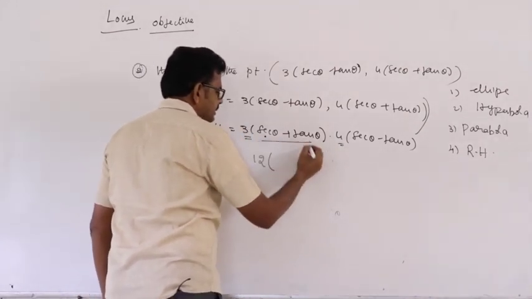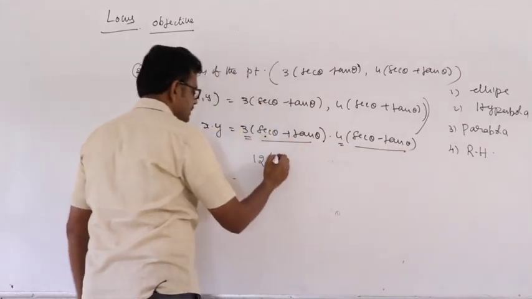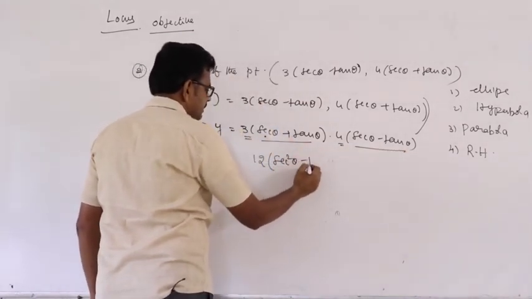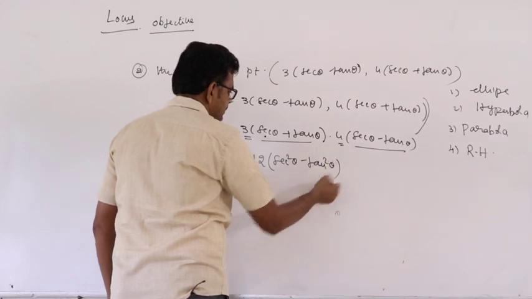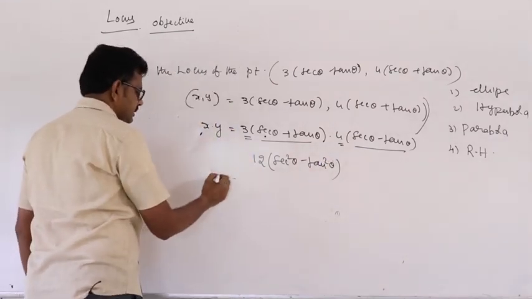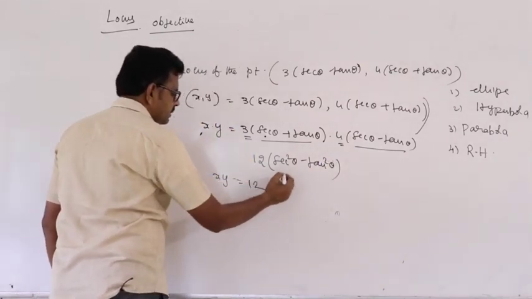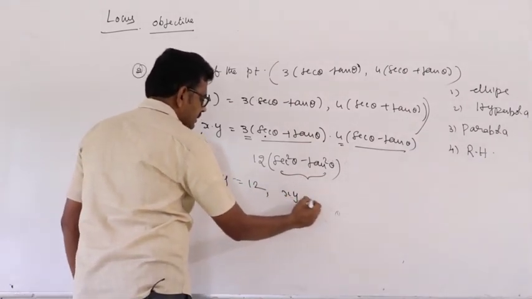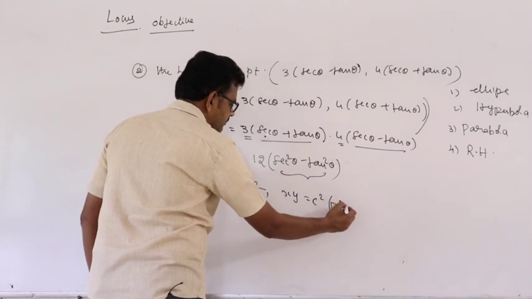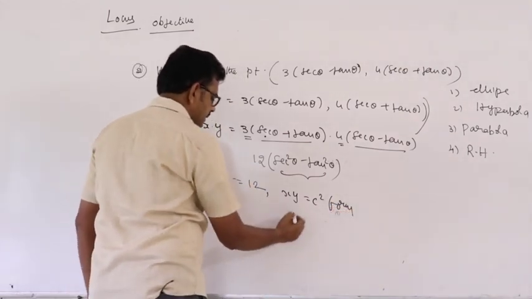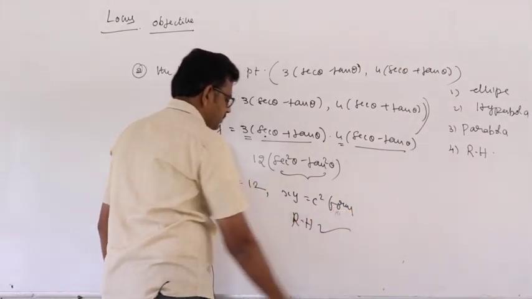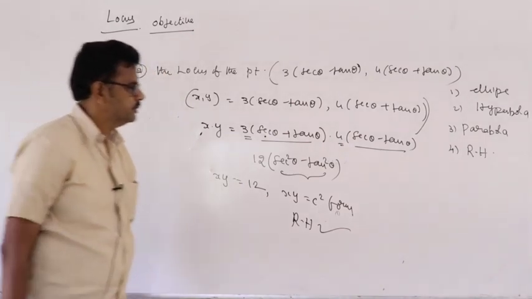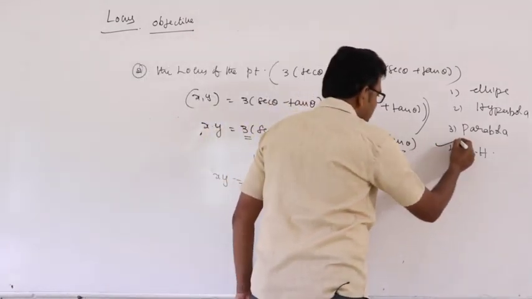And secant theta plus tan theta times secant theta minus tan theta is secant square theta minus tan square theta, which is 1. Therefore, xy is equal to 12, which is of the form xy equal to c square, which is a rectangular hyperbola.